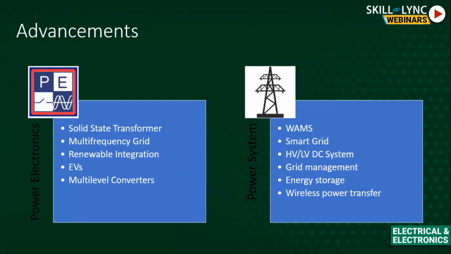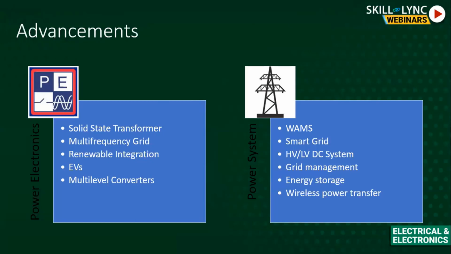What are the advancements overall, system wise, coming up? If we look at the overall power system on a broader aspect, these are the areas where a lot of research is going on, and the future grids are going to have all these components connected to them. So solid state transformer or multi-frequency grid.